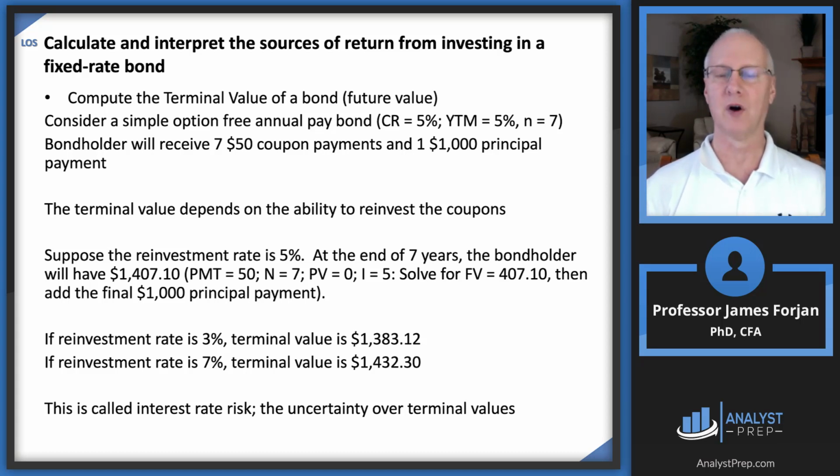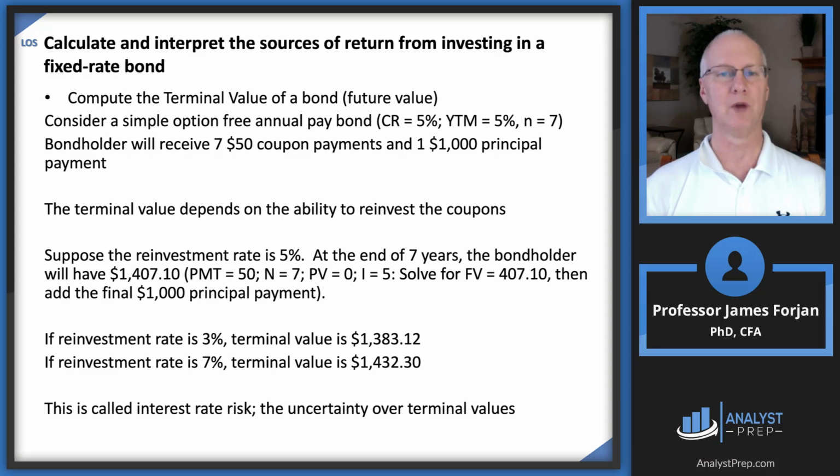This is a big part of interest rate risk, the uncertainty over terminal values. Remember that lots of bondholders invest in these fixed income securities because they want to finance a future purchase, whether that is building a swimming pool in the backyard, buying a beach house, or funding children's college education.